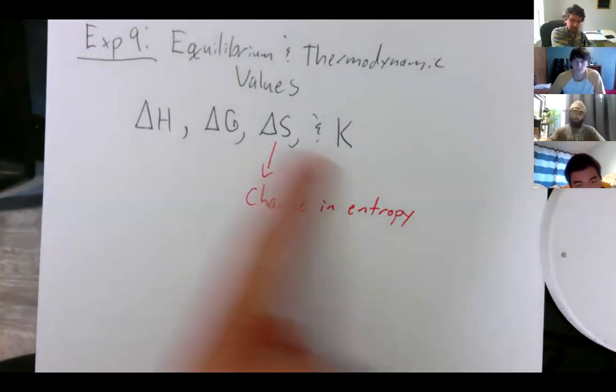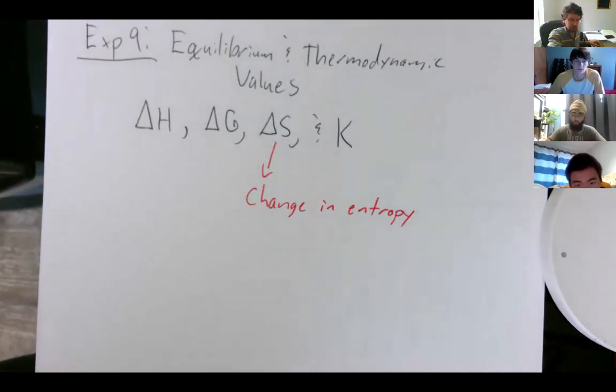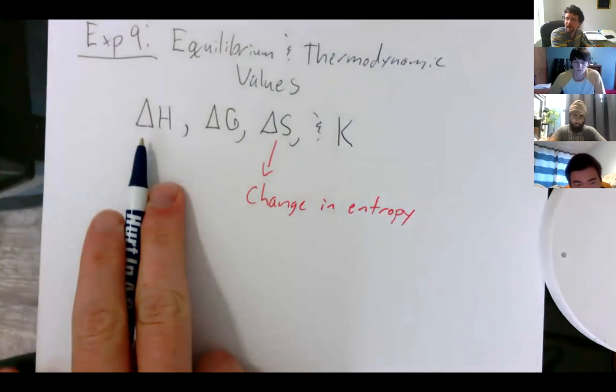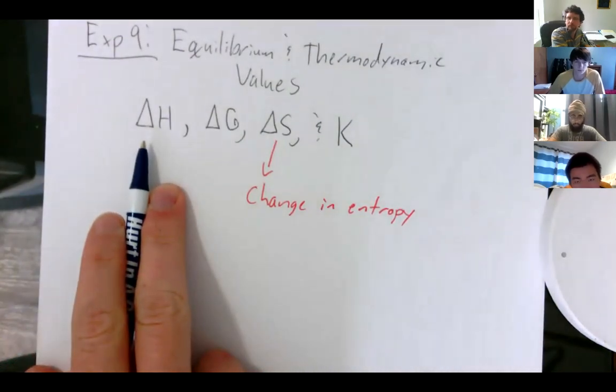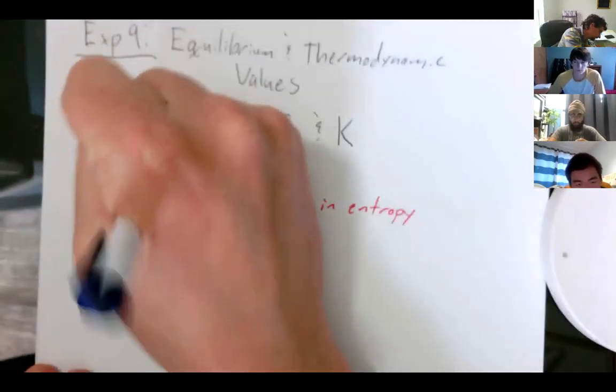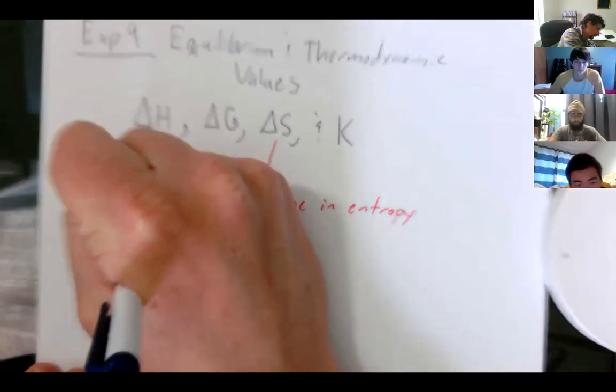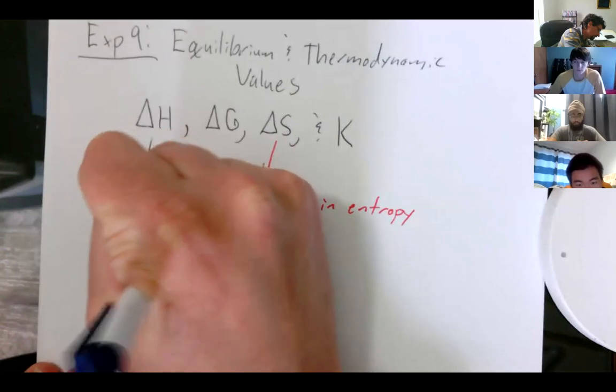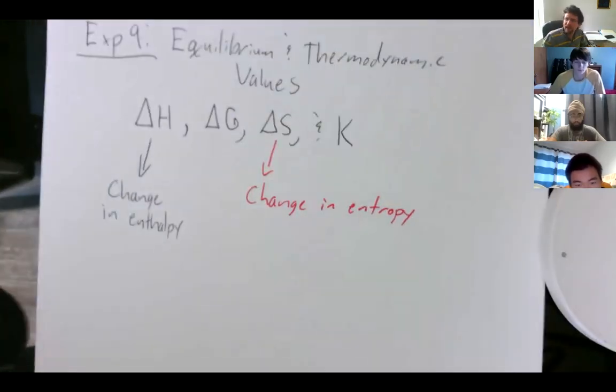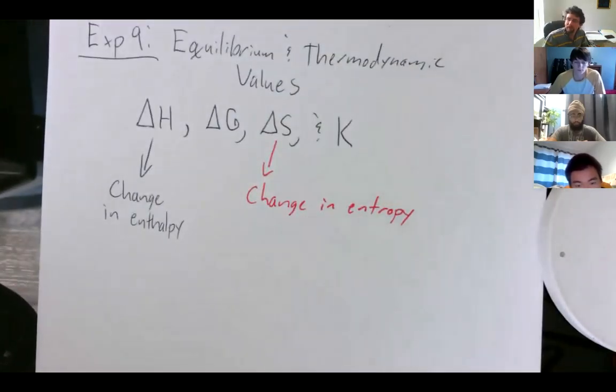Okay, what are these other things? Tell me one of the other parameters. What's delta H? Enthalpy. Change in enthalpy. Why is enthalpy important? Like, what is enthalpy?